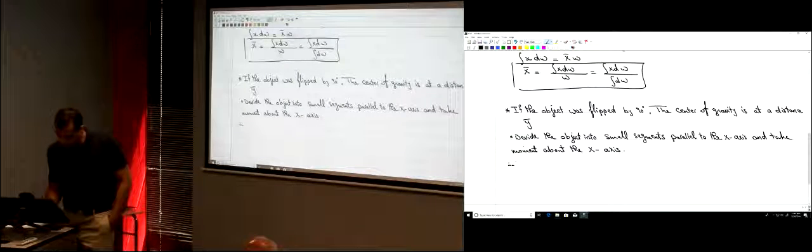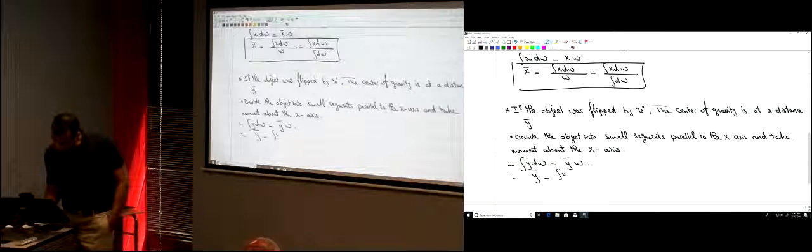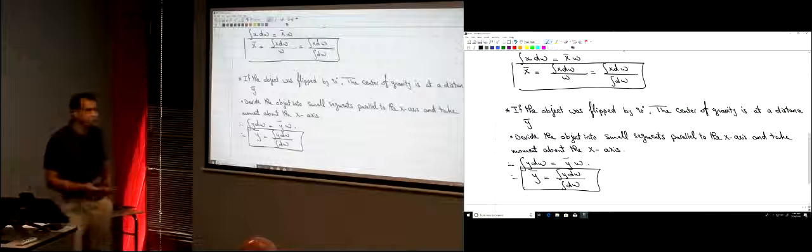So therefore, we have dw multiplied by y, and the summation of those is equal to y bar multiplied by w. So therefore, y bar is equal to the integration of y dw divided by the integration of dw. So that's the location of the centroid.